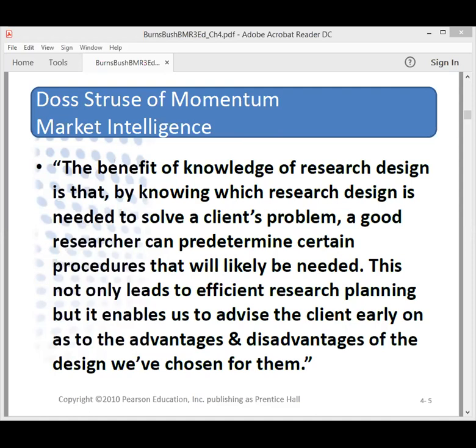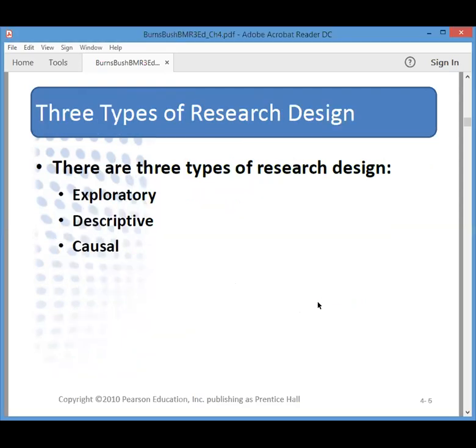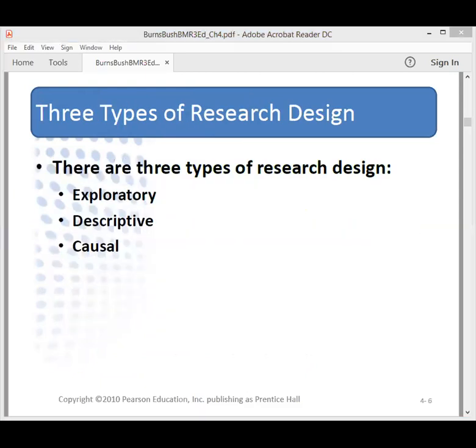This leads to efficient research planning and also advising the client early on as to the approach we're taking and the advantages and disadvantages of that approach. So there's three types of research design: exploratory, descriptive, and causal.